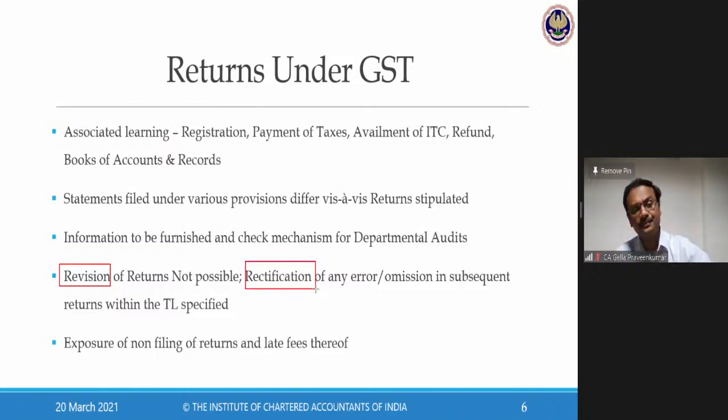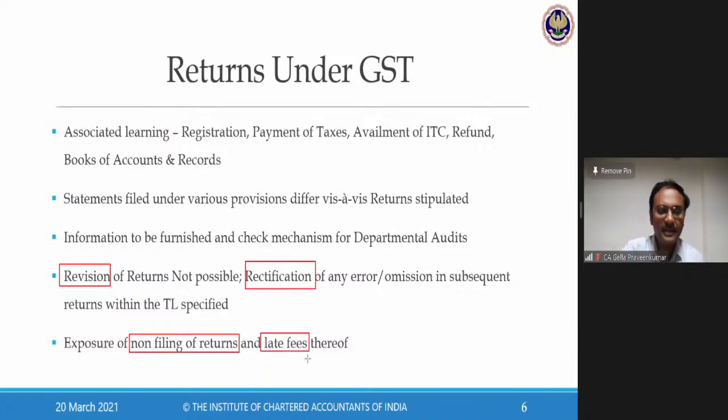So what if I don't file my returns? Non-filing of returns: what is the exposure and what is the late fee thereupon? Please keep in mind, non-filing of returns doesn't call only for a late fee. It has many severe repercussions. One major repercussion is your ITC availment under Section 16(4).